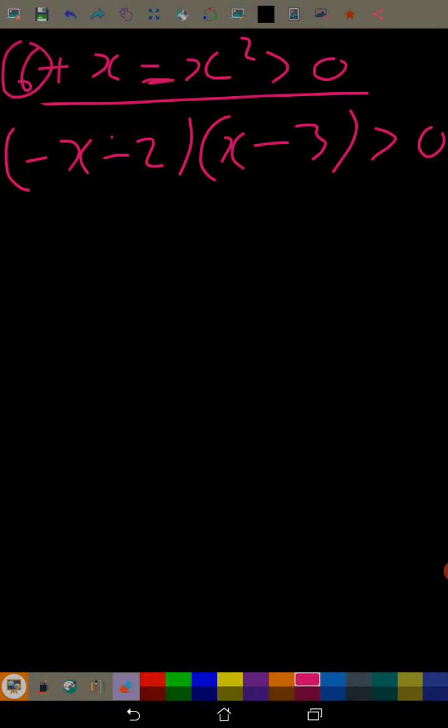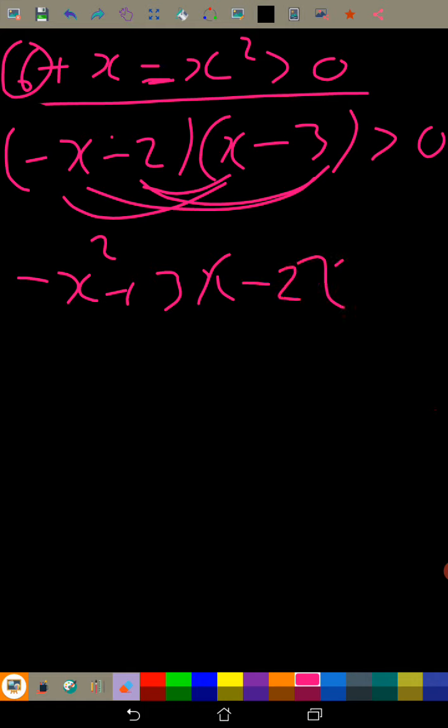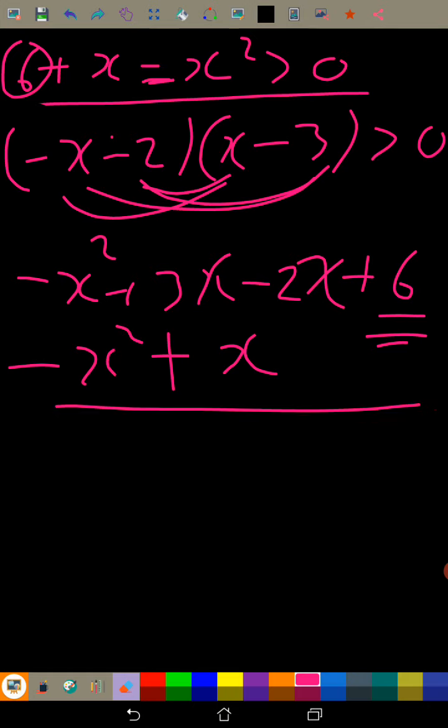Let's expand this like that. You have done this previously. Minus x squared plus 3x, and then we have minus 2x, and then plus 6. We have the 6, we have the x, and we have the minus. Therefore, it's just the same as above. So we know that this is correct.